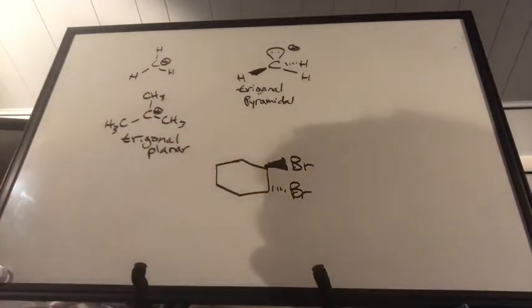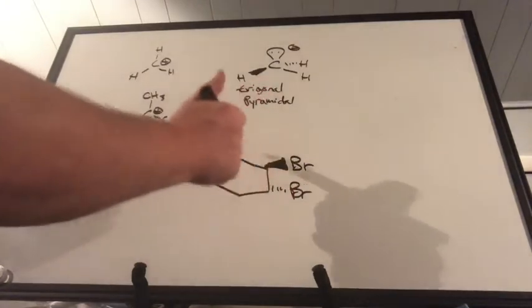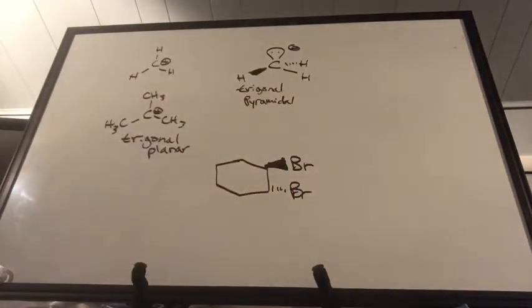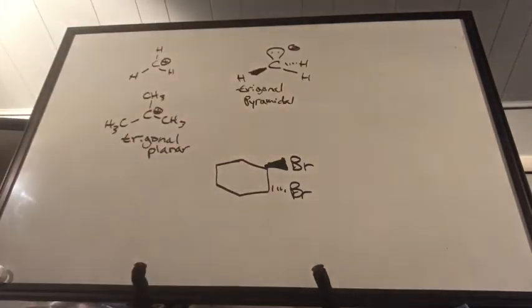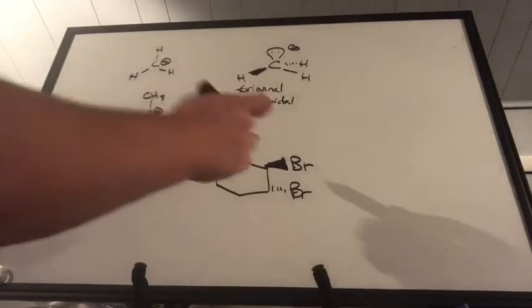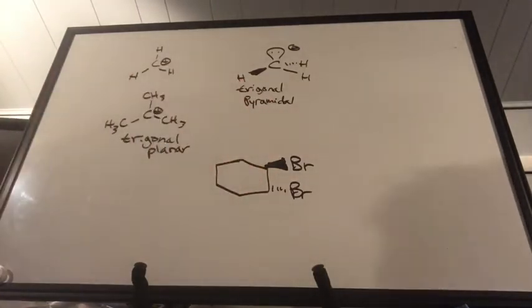Okay, so it's going to be sp3 hybridized here, so that means they're going to take up 3 coordinates, but 4 different nuclei to branch off of that particular carbon there.